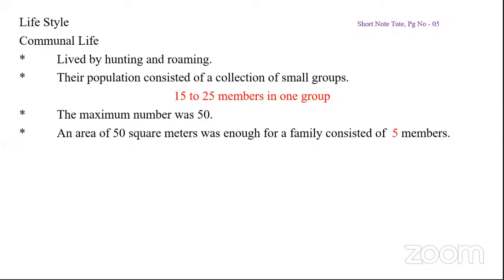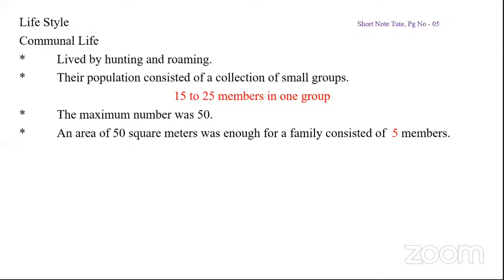Their population consisted of small groups. Why small groups? Because of the problem of food. A large group needs a huge amount of food, but a small group needs only a small amount. Only 15 to 25 members were in one group. The maximum number was 50.